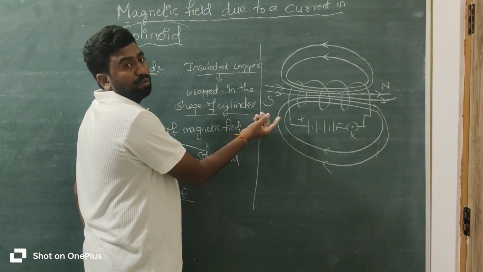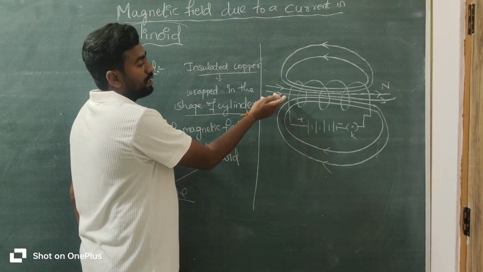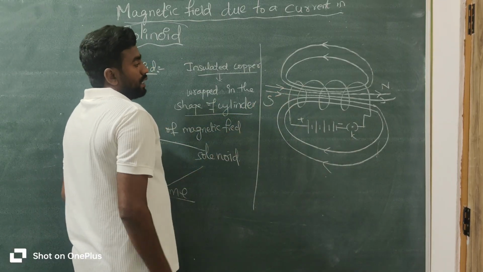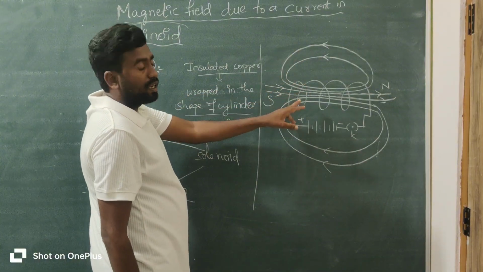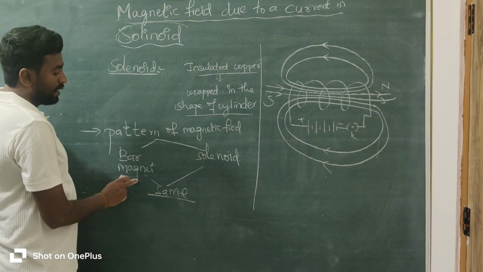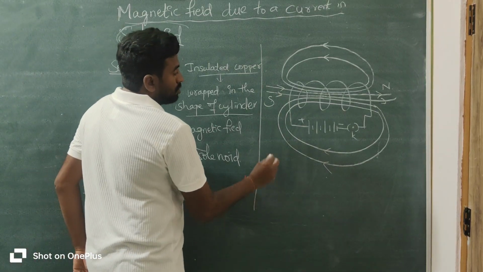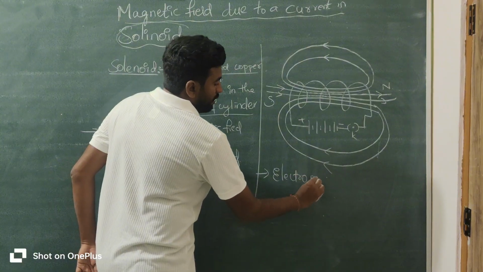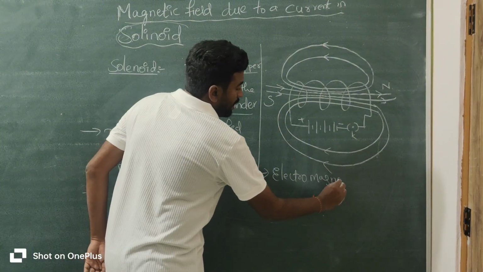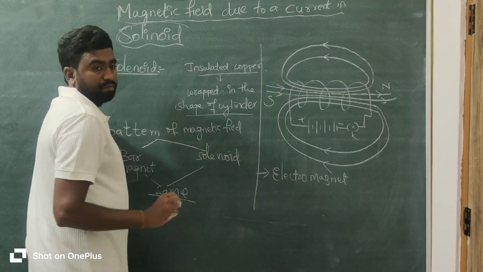Here also closed loops, and straight lines inside the bar magnet and inside the solenoid. So we can say the pattern of magnetic field of a solenoid is the same as that of a bar magnet, and so it is also called an electromagnet. A solenoid as an electromagnet is similar to a bar magnet.